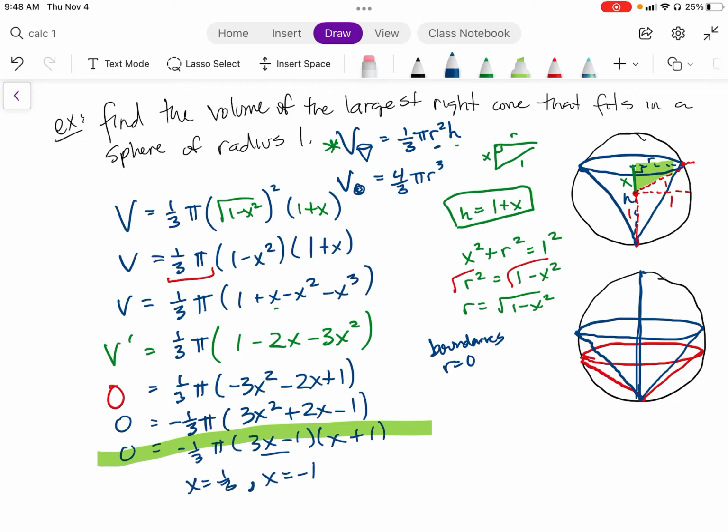And likewise, if h was 0, then I would just have all of the length there for the radius, and I wouldn't have volume. So really the boundaries don't exist, and I don't need to check boundaries in this problem, but it's always important to make sure to check if they do exist.